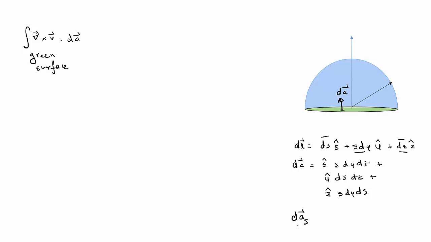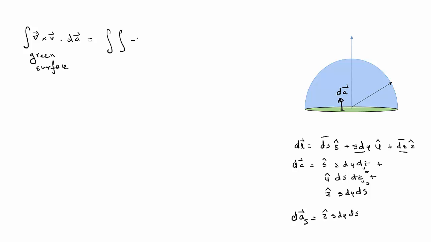Okay, so for the surface, once again, we could even simplify the differential area vector with this notation. For this green surface, we find that dz is 0. It's in fact the z equals 0 plane. So already you can see this is nothing more than s d phi ds. So once again, I would have two integrals.